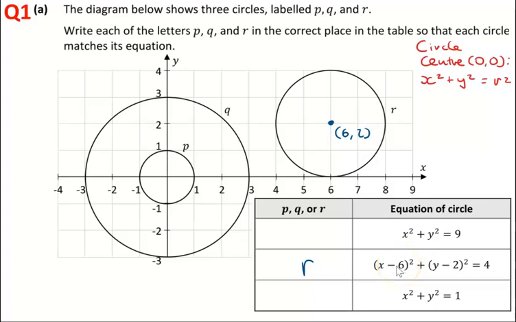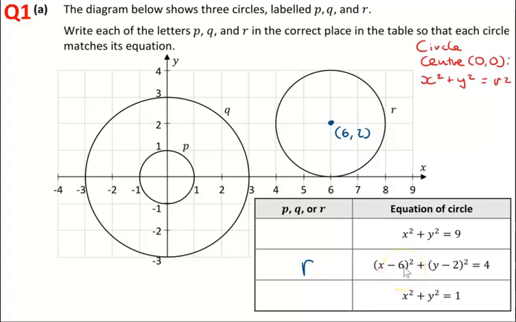Now we can be sure that this is the right equation because the x value is 6 and inside the brackets we have x minus 6, and the y value is 2 and inside the brackets we have y minus 2. So a quick way to generate the center of a circle is to take the number inside each of the brackets.